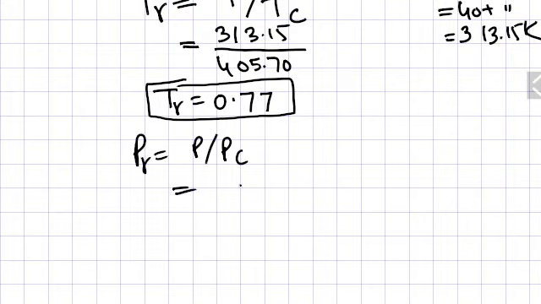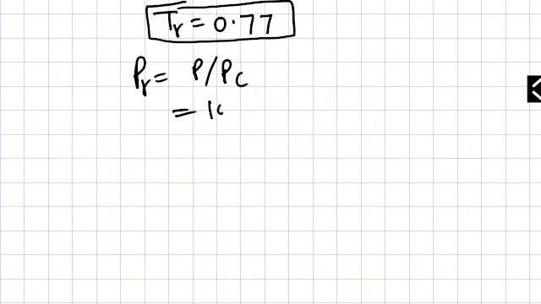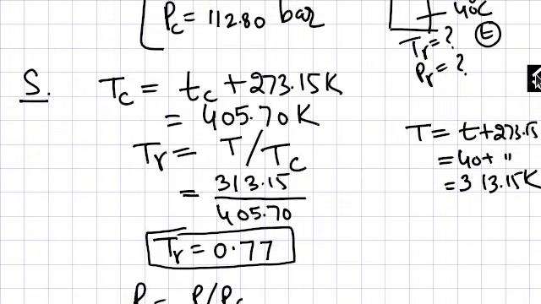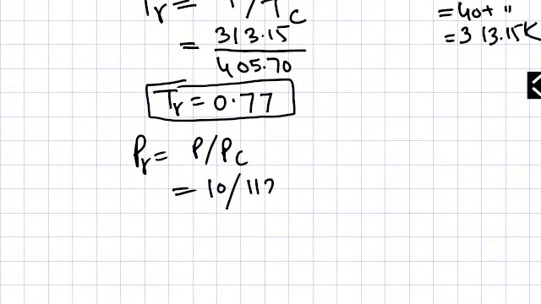And what is P? Pressure is 10 bar, and the critical pressure is 112.8. Divide it, you will get 0.0886 as the reduced pressure.